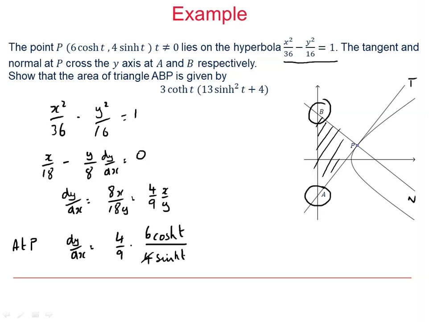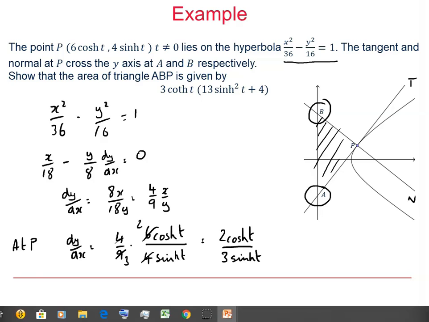And we get a lot of cancelling there. That becomes 2 cos t divided by 3 sin t. Now on the next slide I'll use this gradient at P to find the equation of the tangent and the normal.